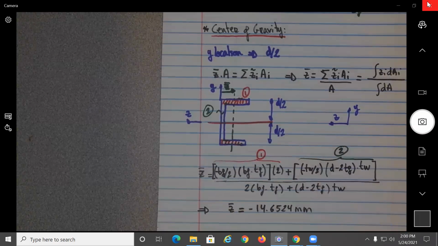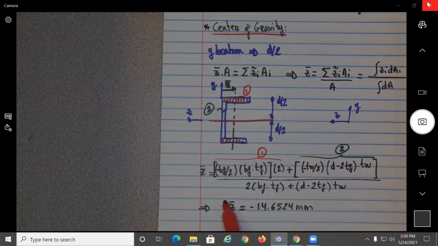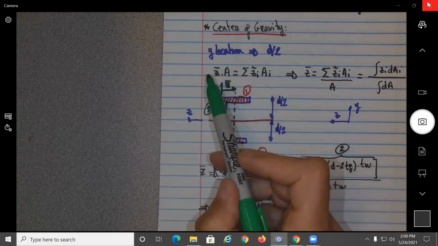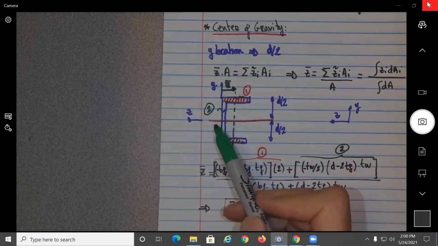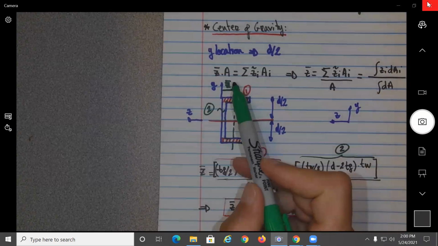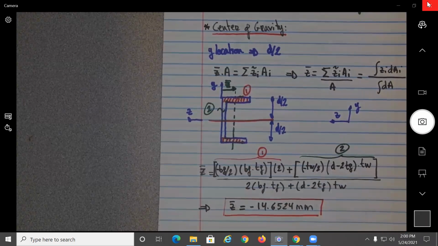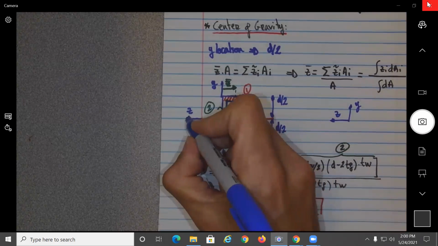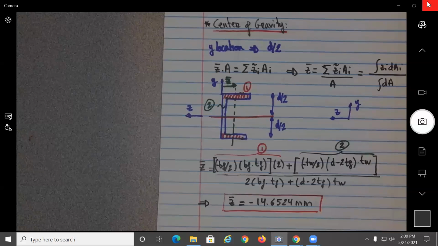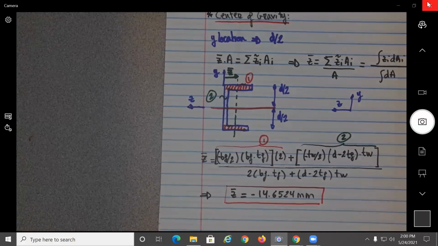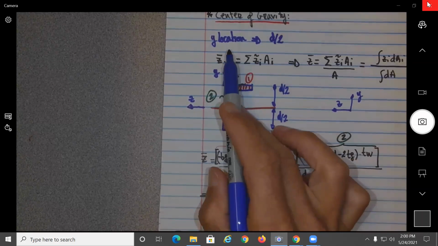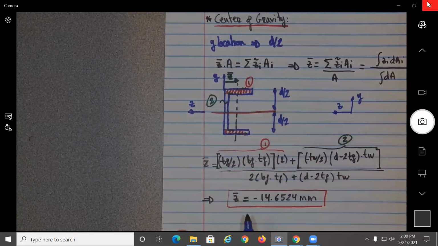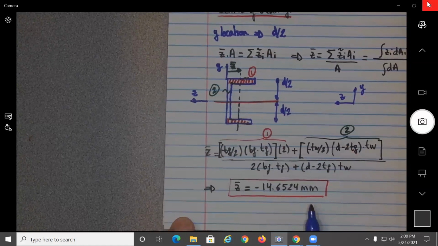So basically, that distance over here from the edge to here, since the Z is positive going that direction, will be negative 14.6524. Okay, so center of gravity, we found the Y location is over D over 2, Z location is this one.